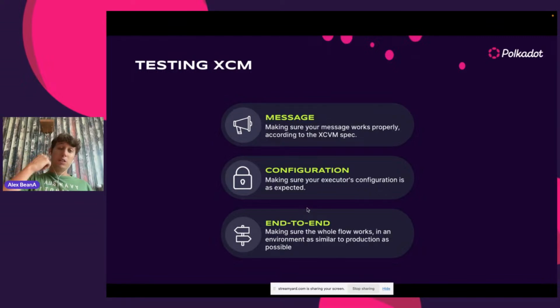Secondly, we have to be sure that the configuration of our chain is as we expect, and that our instructions are going to work in the configuration of the destination parachain where we are going to send the XCM message. And finally, the end-to-end.